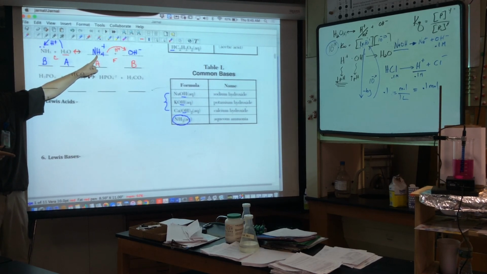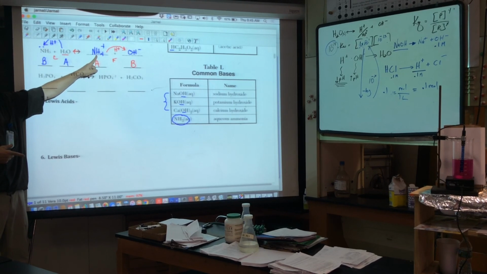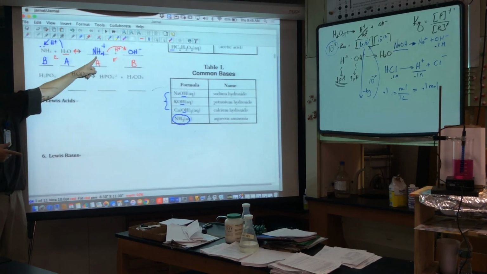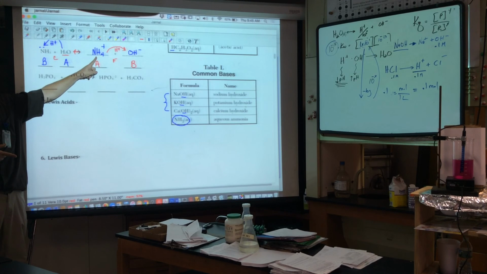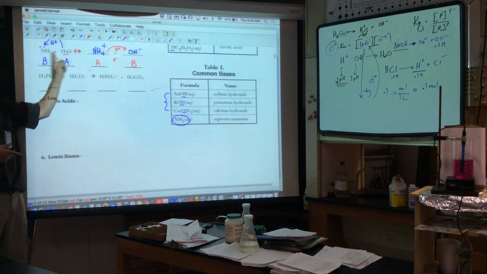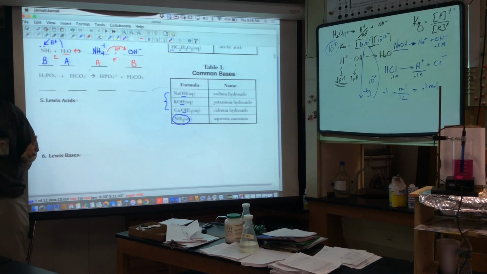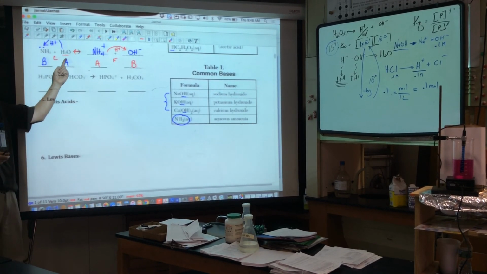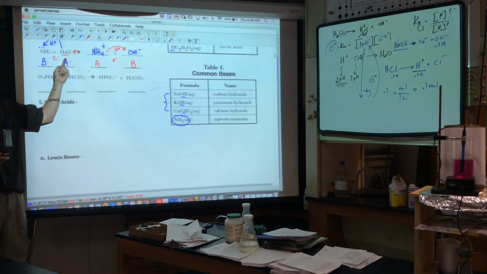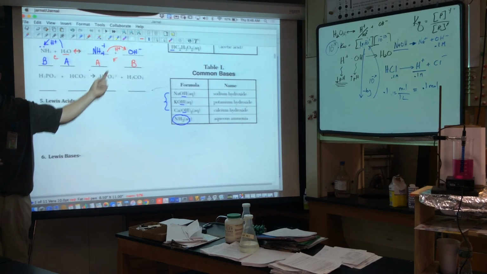This is my conjugate acid, and I want the what? Its base, okay, to be the conjugate base of this form. What happens after it donates a proton? It has one less. So the conjugate base is always one less proton than the conjugate acid. Here I have the conjugate acid. Its conjugate base has one less, but they're the same chemical.